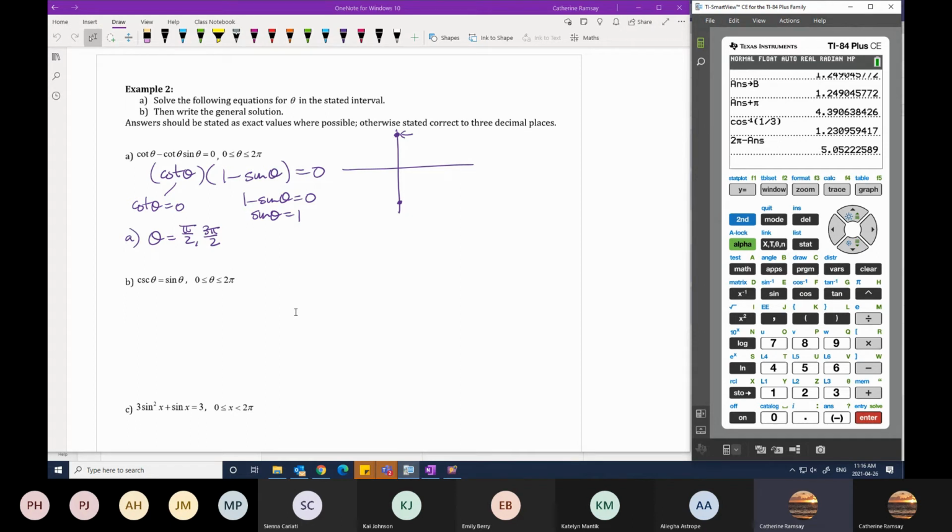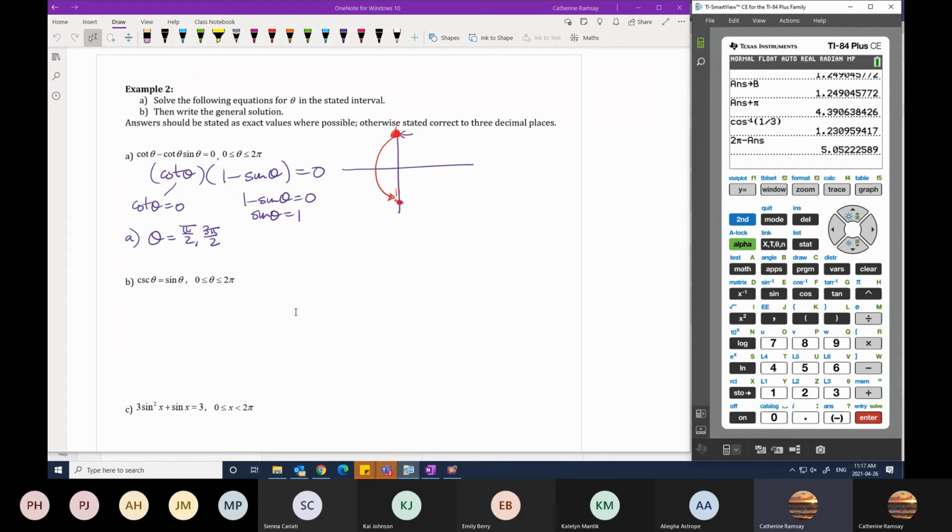For B, now what you're going to start getting used to is what's called the general solution. So the general solution means it's not just in one revolution of the circle, it's here, here, keep on going forever and ever. Does everybody see if I start in this spot where I have my arrow, how much of a revolution will it take to get to the next spot?